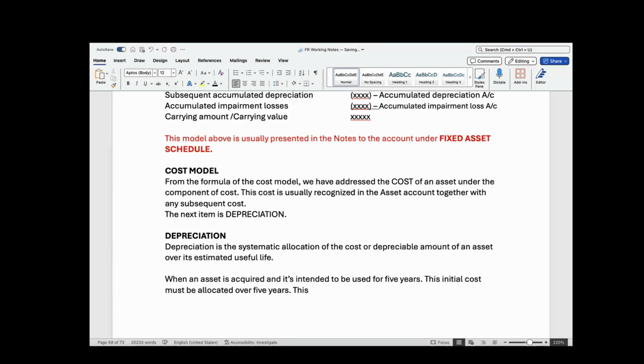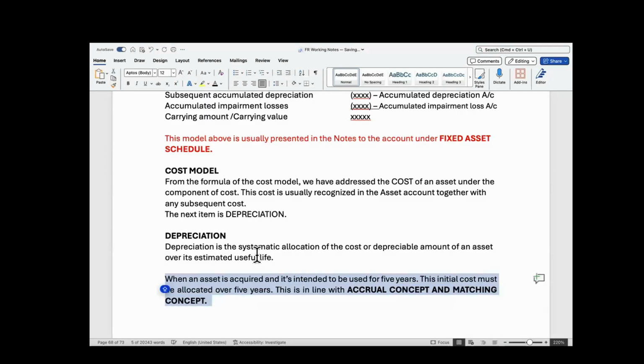And this is in line with accrual concept and matching concept.